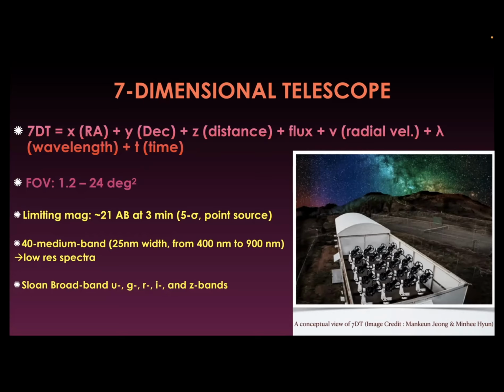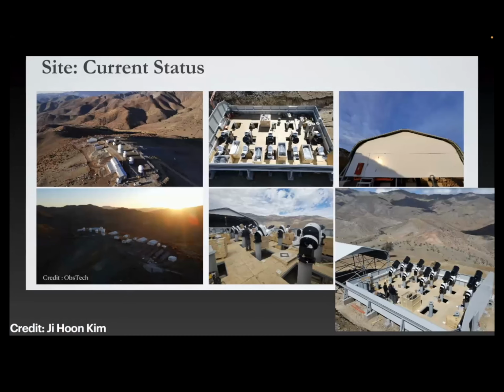It's equipped with 40 medium-band filters, and it can do low-resolution spectra. It's also equipped with broadband filters U, G, R, I, and Z. It is under construction with GW University and Seoul National University, and we hope that it will be complete for the phase 2 run of O4 of LVK, and it is located in Chile.